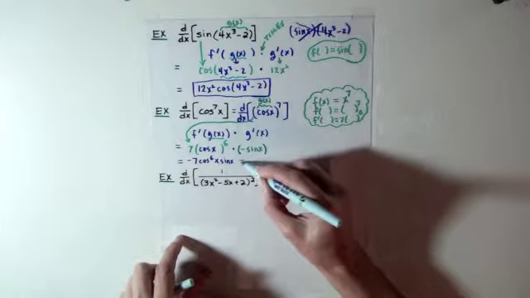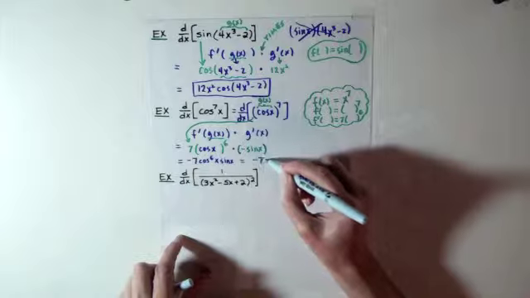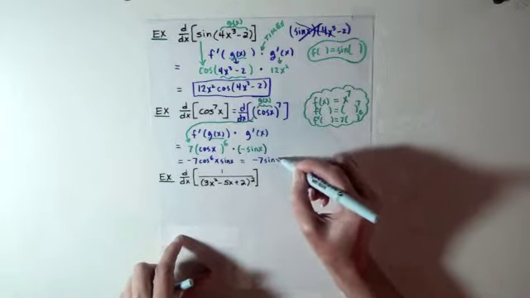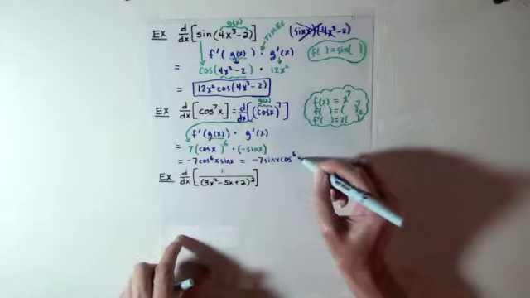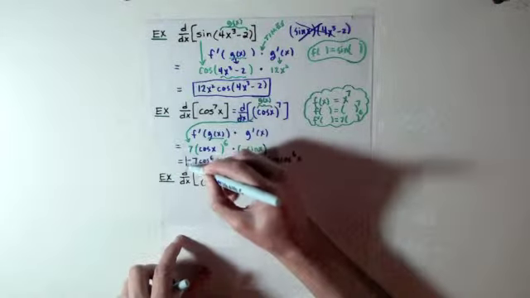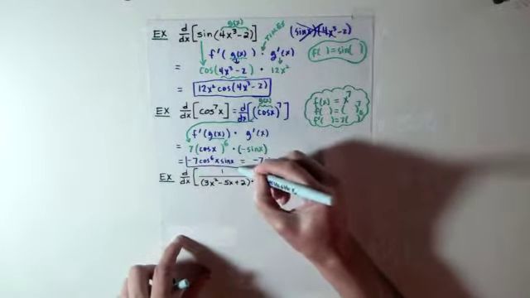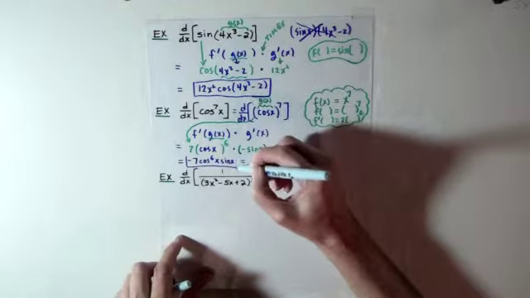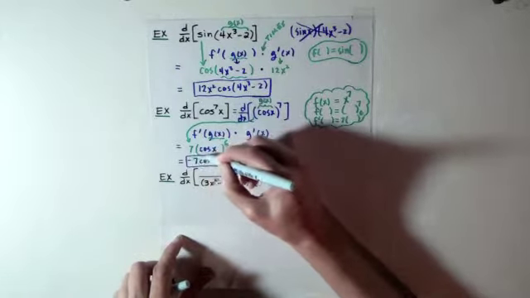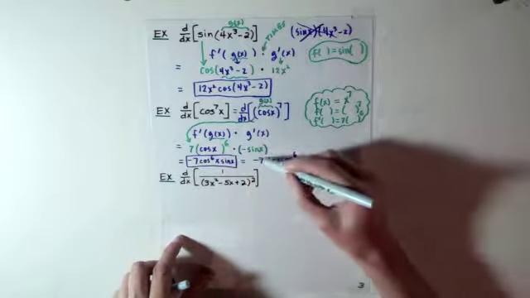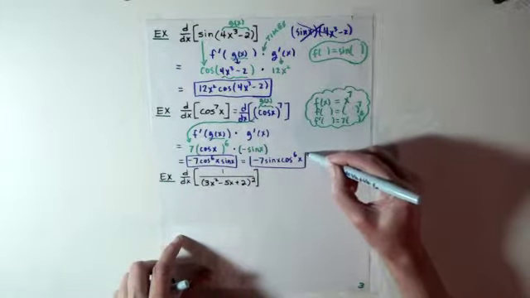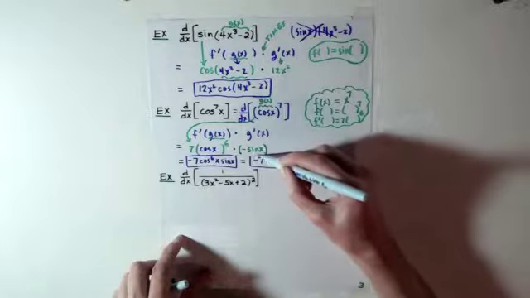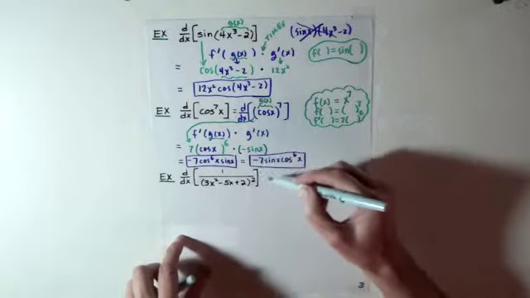Or if you want to, you could rewrite it with the sine x first. Either way is okay. Sine x times cosine 6x. So either of those would be an acceptable form for your final answer. And generally we tend to put the shorter factors or smaller factors first, and so probably people would write it in this second form.